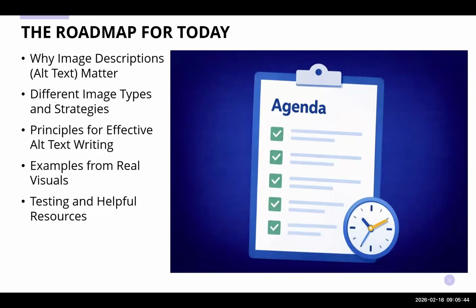Then we'll look at how we can leverage AI here and make the entire process more efficient. We'll also be looking at real-time examples, something similar to what you use in lectures and course materials, so that you can see how it works in context. And finally, we'll talk about some helpful resources, a quick checklist, and wrap up with your Q&A at the end. So without wasting much time, let's get started. Next slide, please.